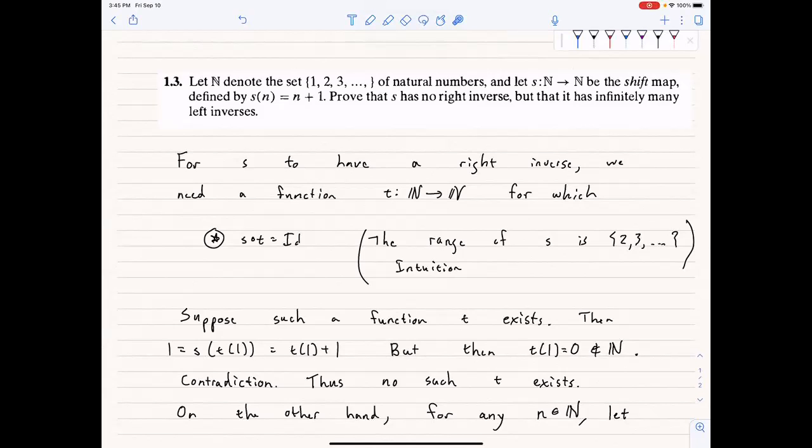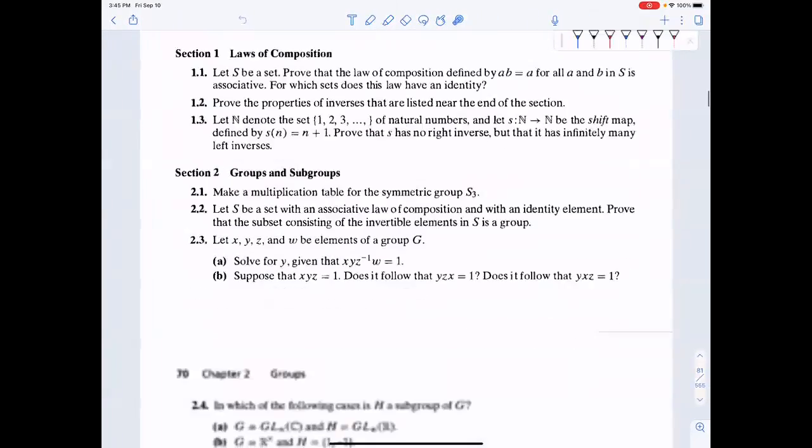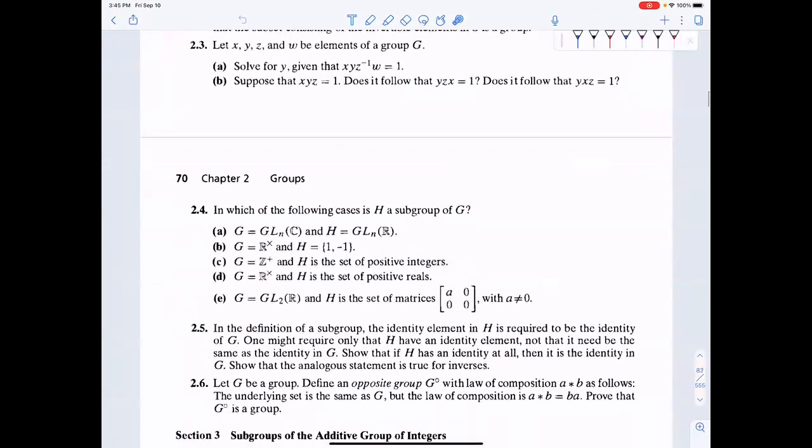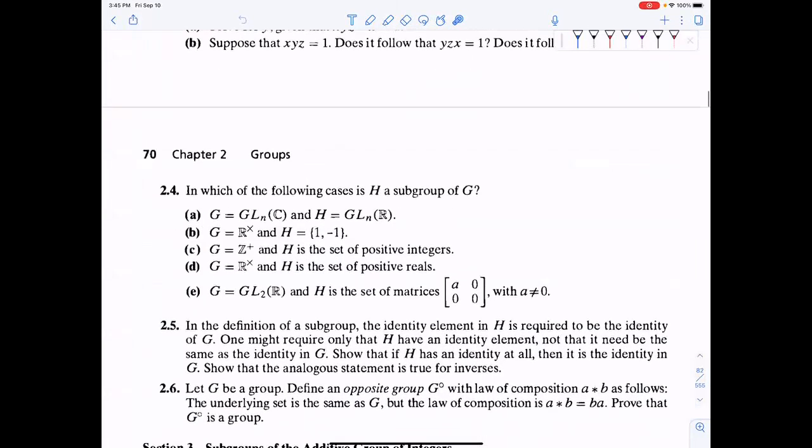Okay, other thoughts, other questions? For 2.4, especially on A, when we're looking at if the general linear group of complex numbers contains the general linear group of real numbers, well, you have to go through the axioms, but what will be the axiom for the operation? Whatever you do for composition. What would be the composition for axiom 2 or 3, whatever?